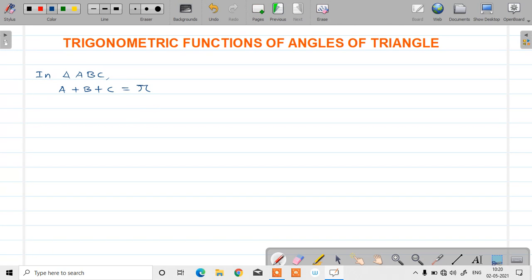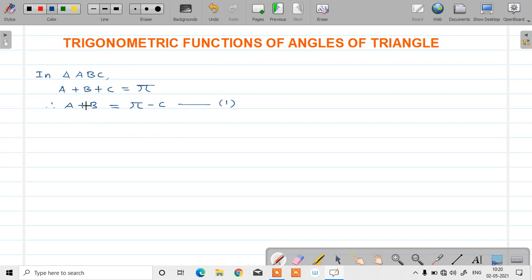With this relation, A plus B plus C is equal to pi, we get A plus B is equal to pi minus C. Say this is equation number 1.